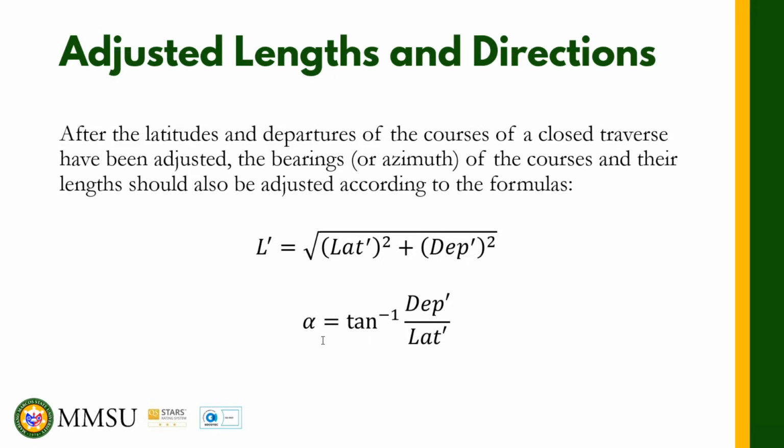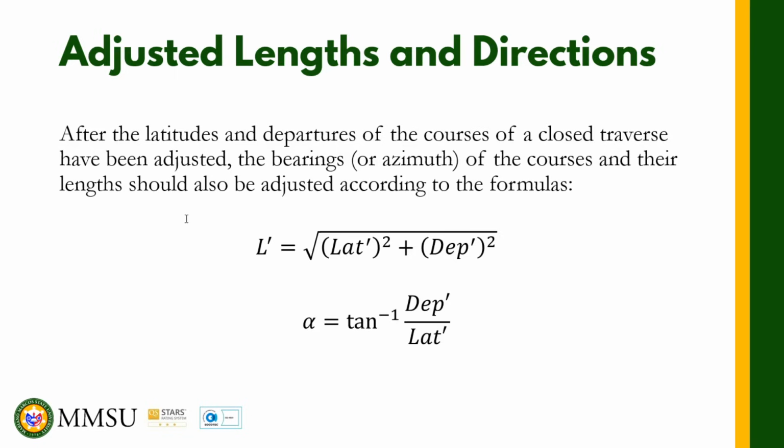Okay, and for the alpha, this is now the corrected bearing or azimuth. This is the inverse tangent of the corrected departure divided by the corrected latitude. Okay, so klaro sa atin yun. Okay, kapag nag-survey kayo, kailangan muna nating i-compute yung linear error of closure. Kailangan muna nating ma-determine kung ano yung pagkukulang niya doon sa latitude at saka the departure.